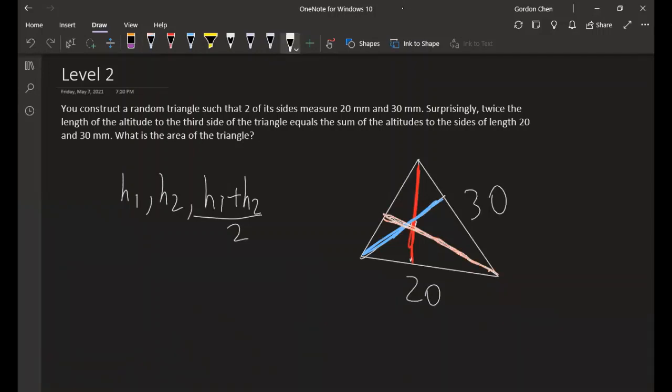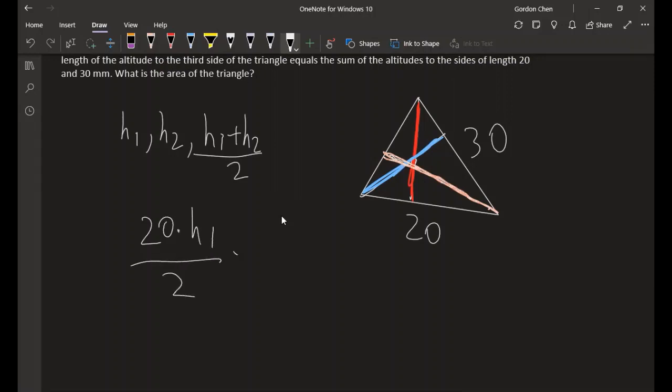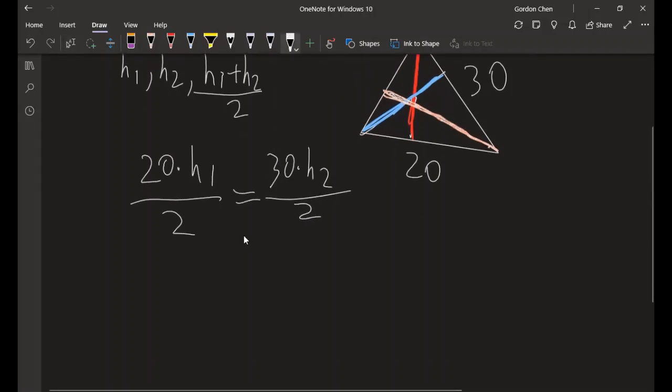And so we have these three altitudes, and if we look at the area, we have that 20 times h1 over 2 equals 30 times h2 over 2. And if we simplify this, we have h1 divided by h2 equals 3 over 2.